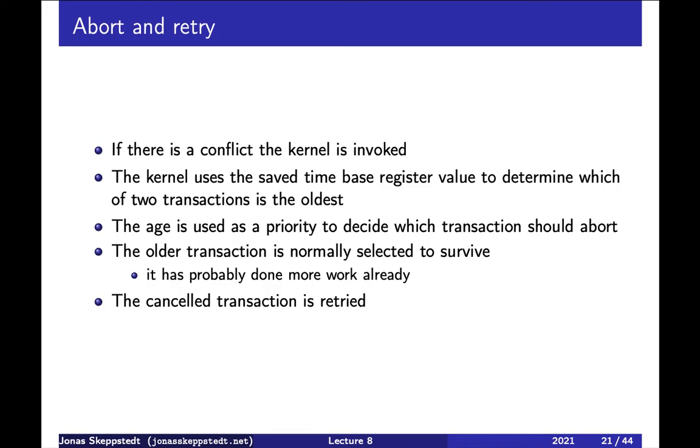So it's better to abort the younger transaction. And therefore, the copy of the time-based register at the transaction start is used to determine which transaction to keep. And then the canceled transaction is retried.